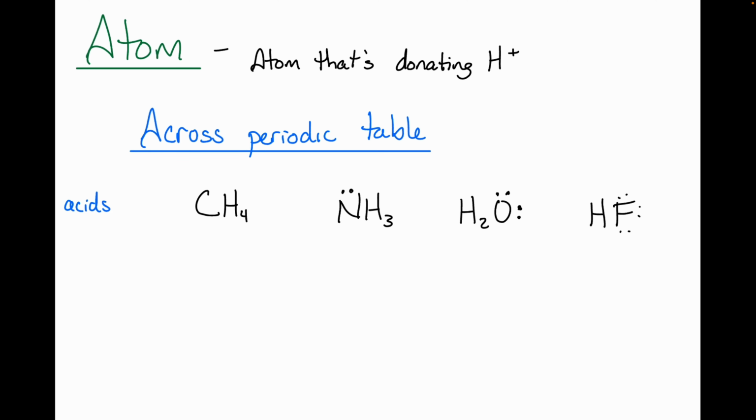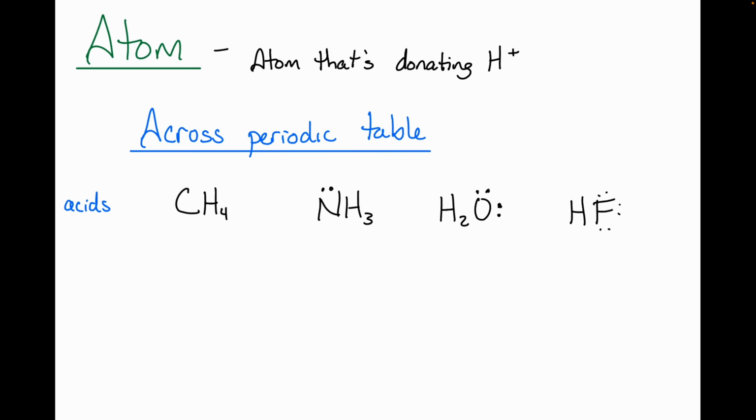All right, and again, in order to compare how strong these acids are, I don't really look at the acid, I look at its conjugate base. So now we're going to take a second. We played this game over and over again. This is going to be an important part of this particular chapter here. Let's get the conjugate base formulas for these four acids.